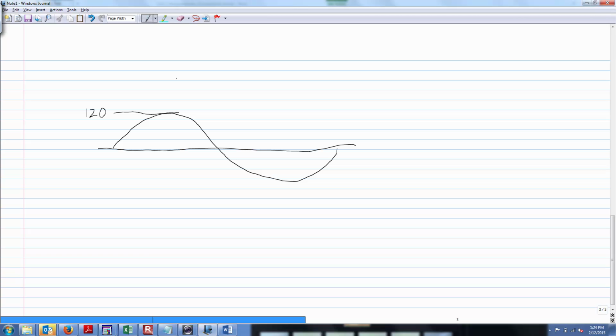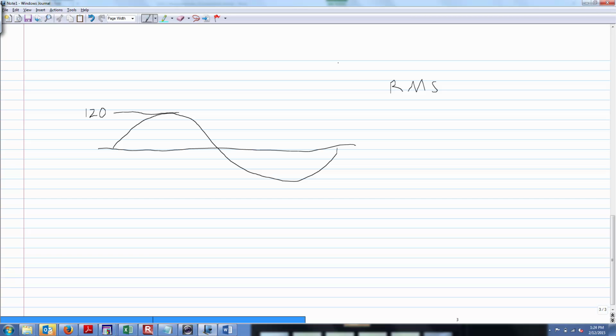RMS, first of all, what do the R and the M and the S stand for? Root mean square. Okay, so they're written in that order, but you actually do them backwards.